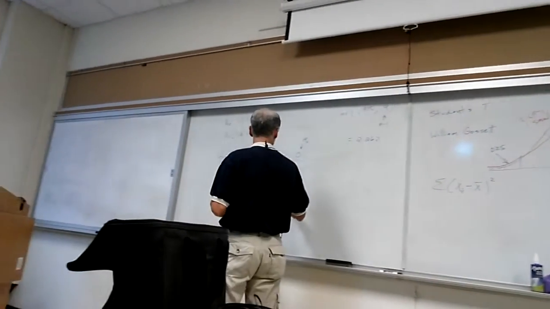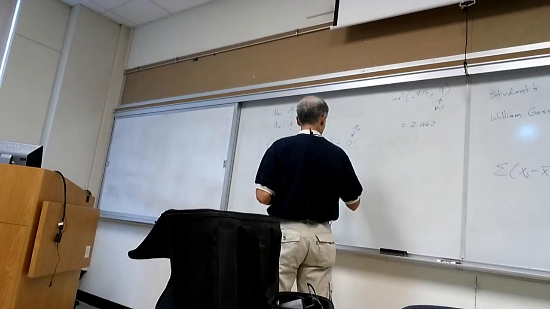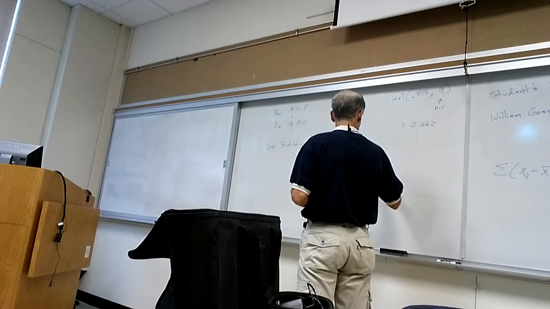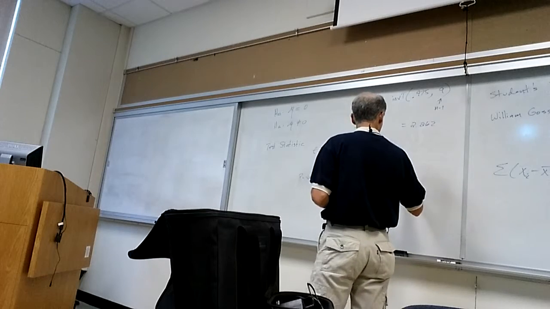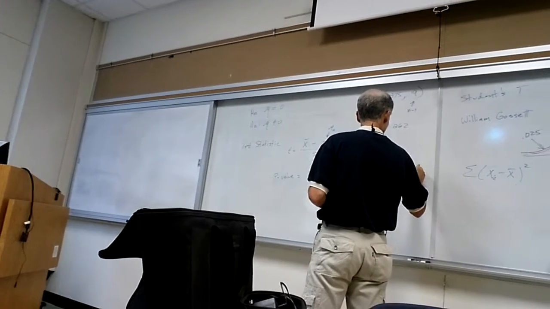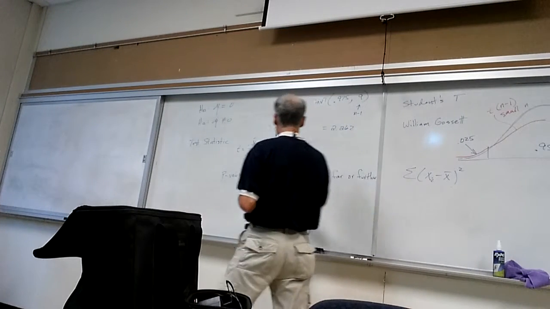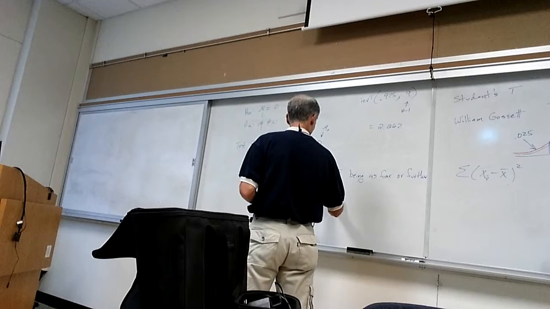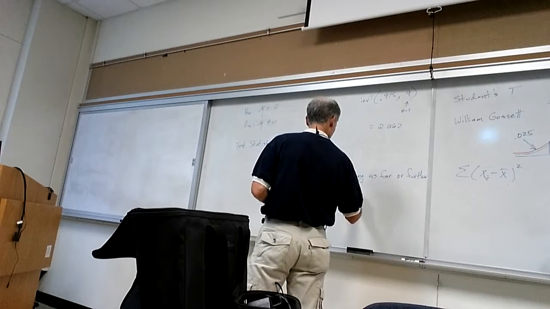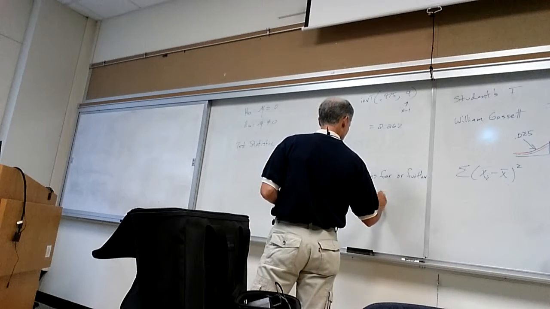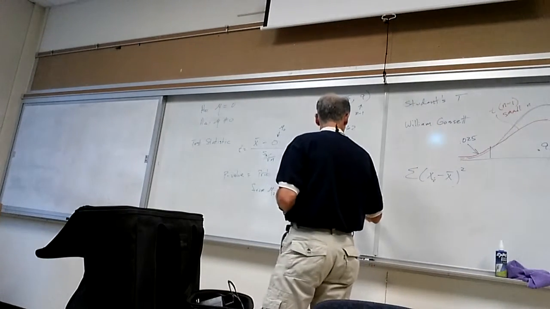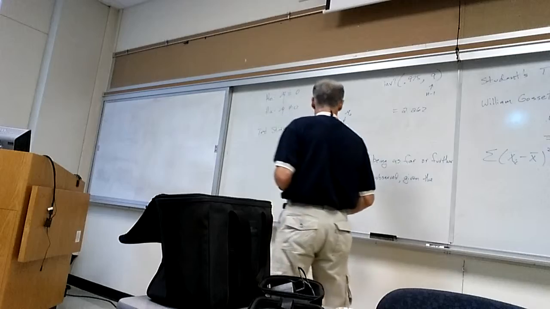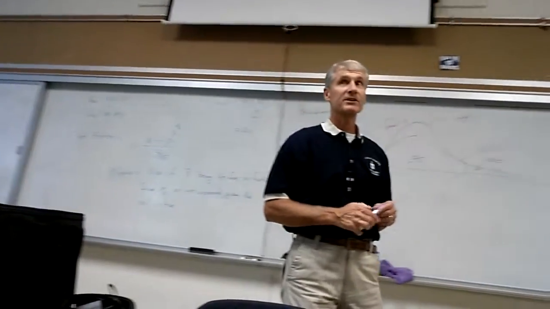So the p-value is the probability of x bar being as far or further from mu sub 0 as was observed, given the null is true. So it's a conditional probability. Given that the null is true.